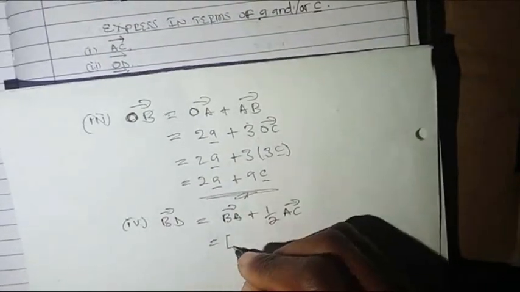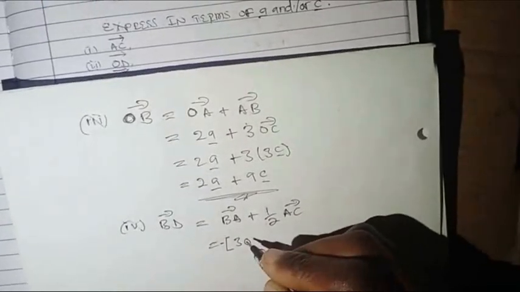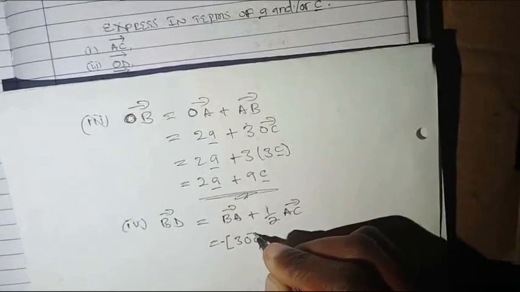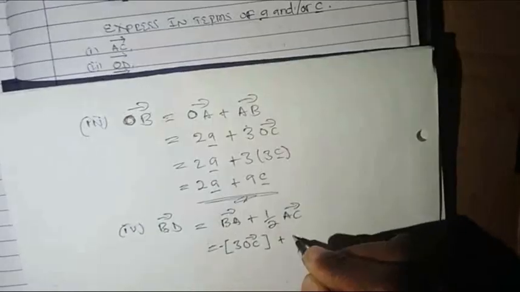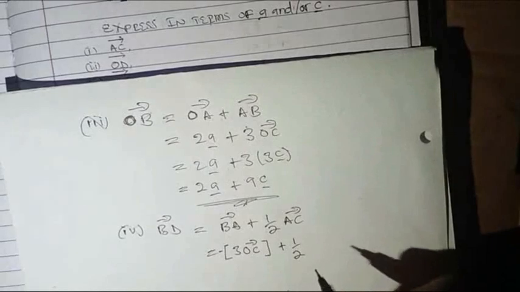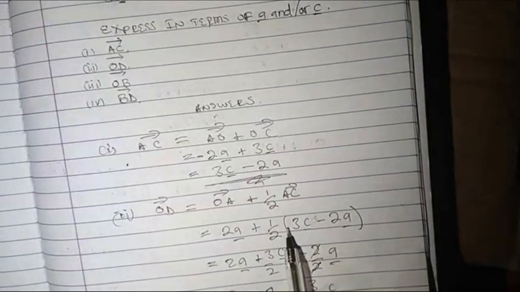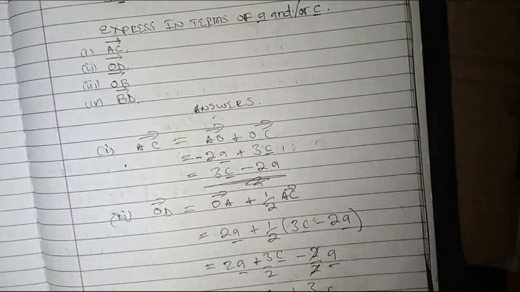So it's going to be minus 3 OC. It's very hard to record whilst I'm holding the phone, so just bear with me. Then half of AC. What is half of AC? As you can see, we already wrote this, so we're just going to write it out again.